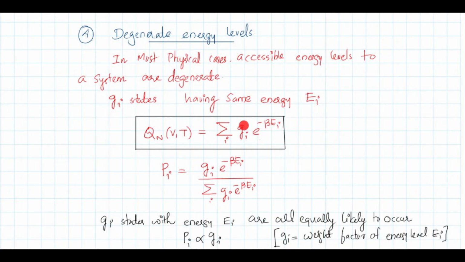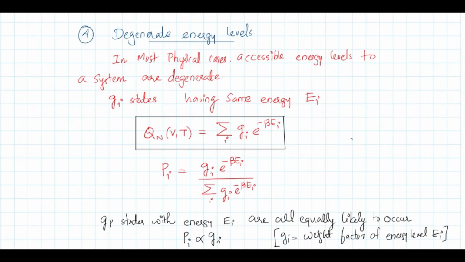You have to multiply with the number of states in that particular energy level Ei. Then the probability of finding the system in that energy level is Pi equal to Gi into e raised to minus beta Ei divided by sigma i Gi e raised to minus beta Ei. If you have only one level corresponding to a particular energy value, then PR is e raised to minus beta ER divided by sigma e raised to minus beta ER.